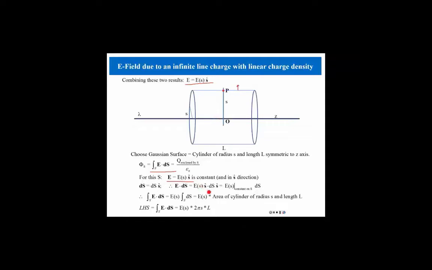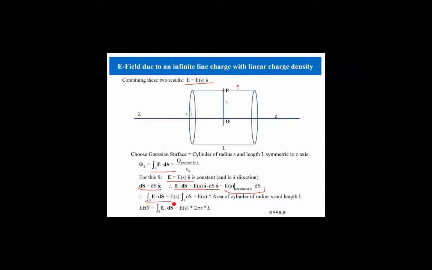So we can go through arguments similar to the sphere. We can write down what dS is, and that's going to be this element of area times s hat. We have our E, which is given by this value here, and so we write the dot product, and so again we have a unit vector dotted into itself, which is 1, and so we're left then with the magnitude of E on that surface, which is constant on that surface, times the magnitude of the surface element.